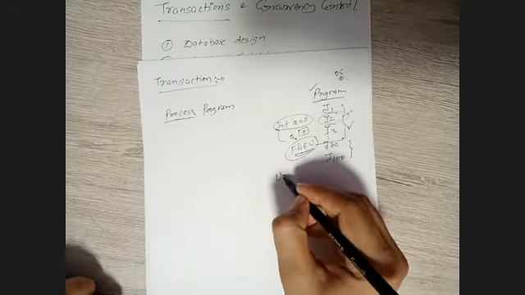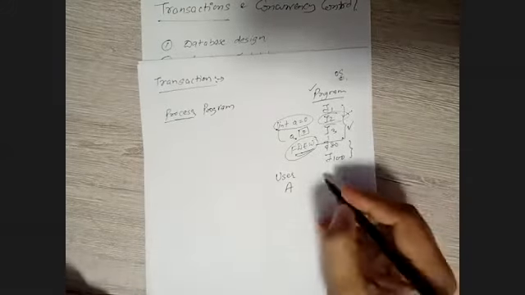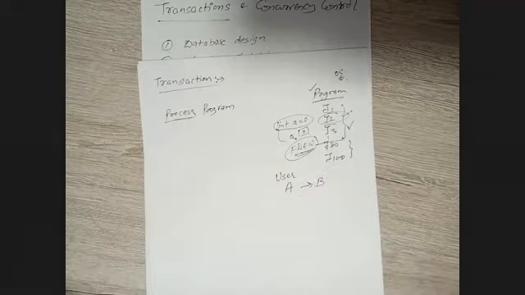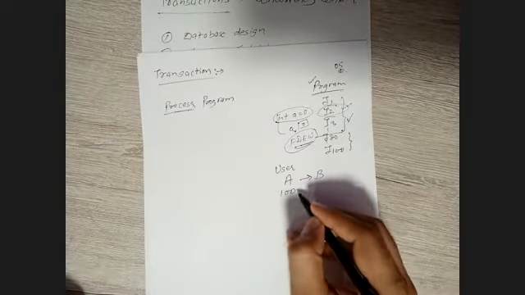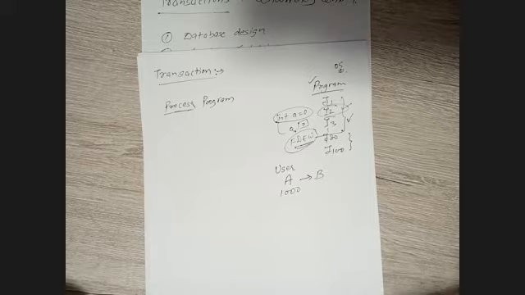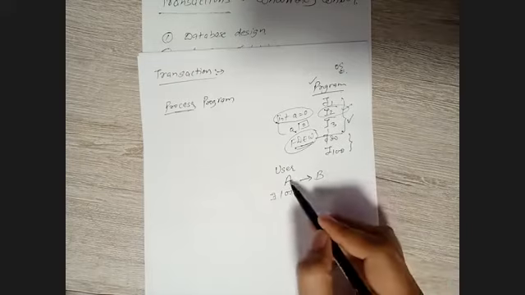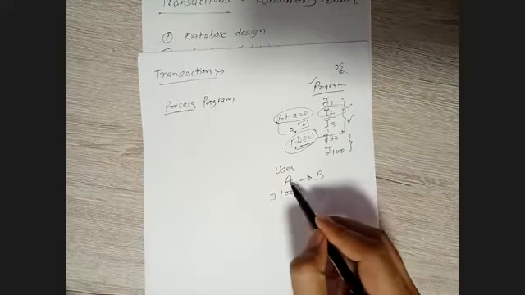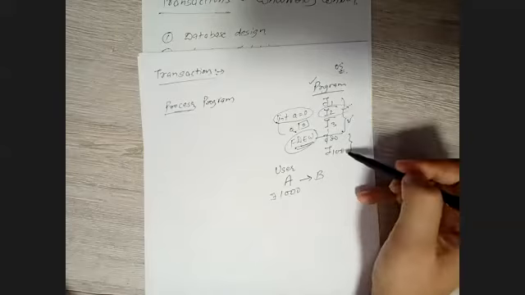We have a user who wants to send some amount from account A to account B. Let's say user A wants to transfer 1,000 pounds from account A to account B. According to the user, we cannot say that during the transfer we need to involve 100 instructions.